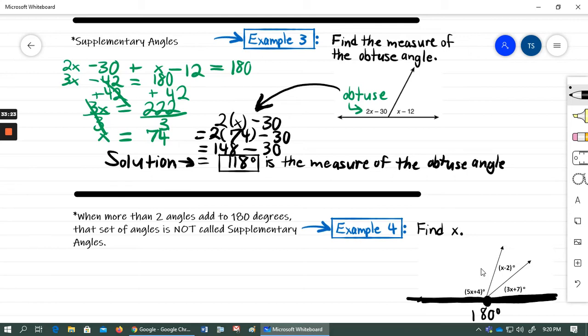Even though we do not have a linear pair like in that last example, because a linear pair is exactly two angles that form a straight line. This is not a linear pair, even though these three angles form a line. A pair of angles is just two angles. So this is three angles that form a line and add to 180 degrees.